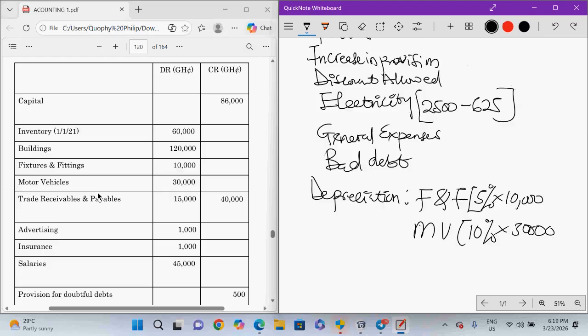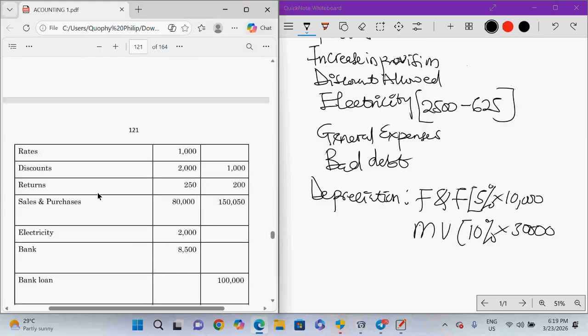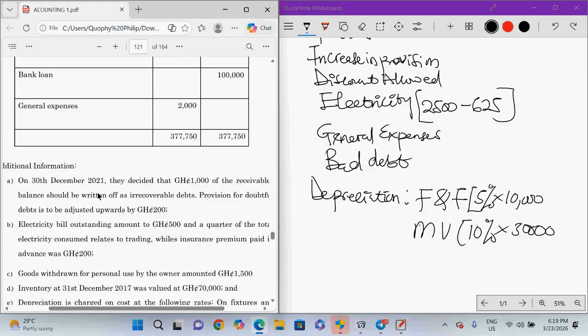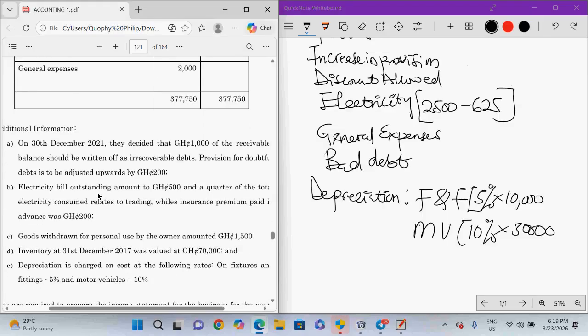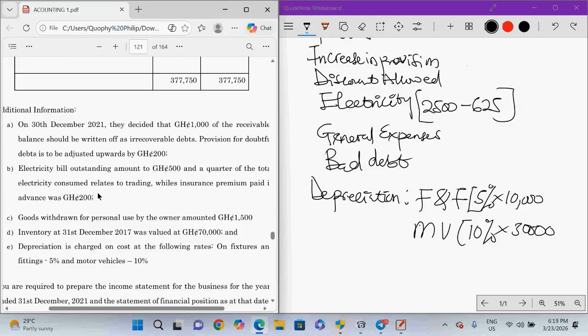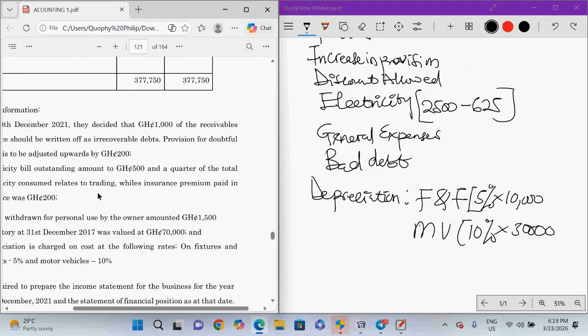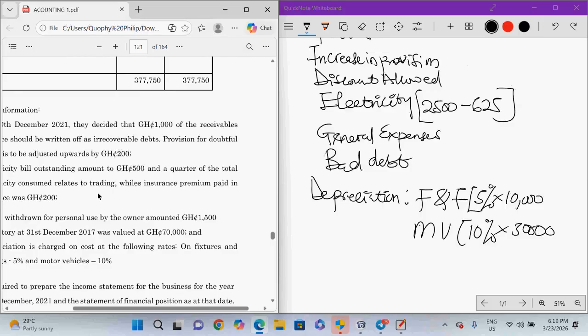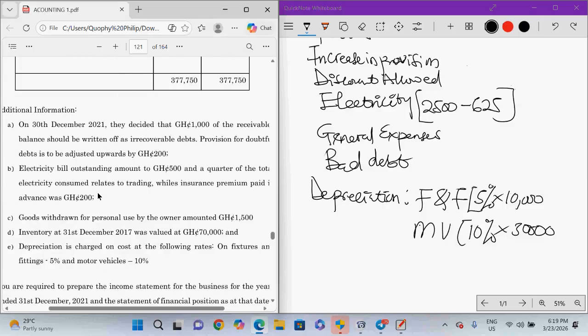I'm sure they are on straight line method. With F and F we get 500. They didn't say straight line or reducing balance.